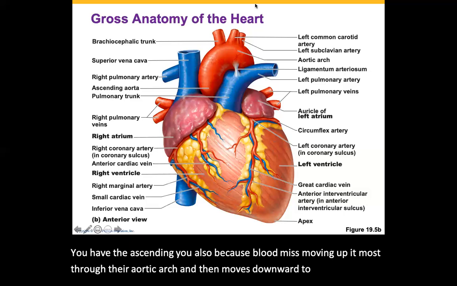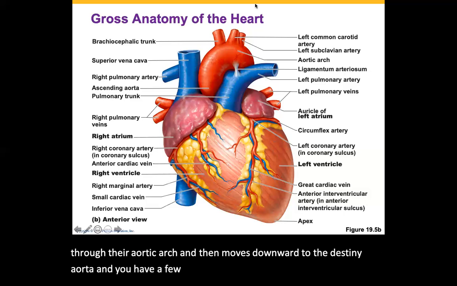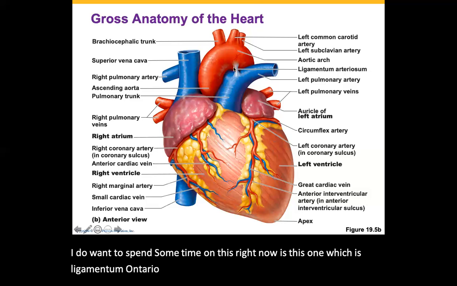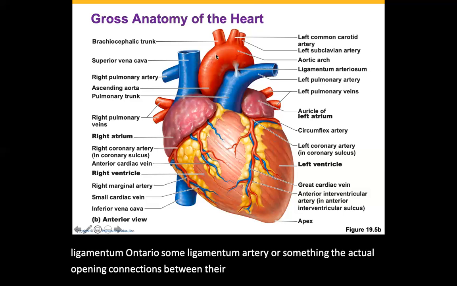You have a few other structures that I haven't mentioned, and I do want to spend some time on this one right now, which is the ligamentum arteriosum. It is an actual opening connecting the pulmonary trunk and the aorta in fetal circulation.